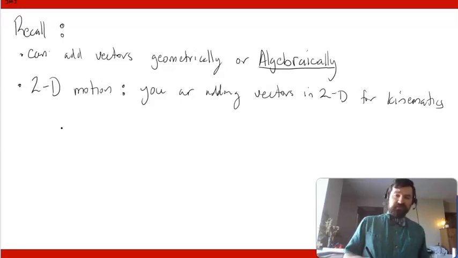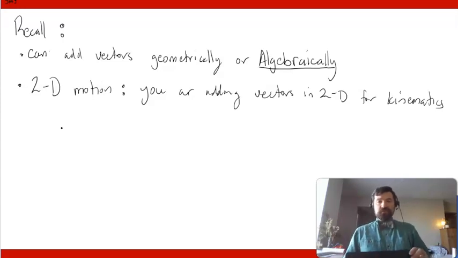Again, because I'm using a little draw pad, not a screen to write on, and when I draw stuff on the draw pad it doesn't scale exactly to the screen, so it's rather difficult for me to do vector resolution using the geometric method. Therefore we're going to do the algebraic method.